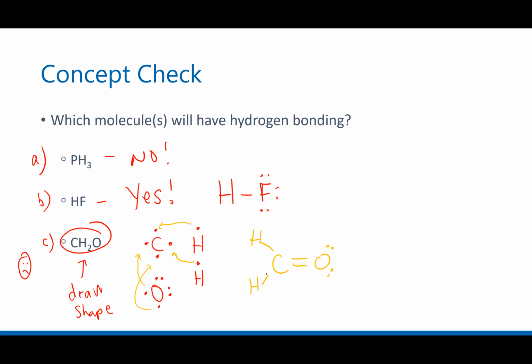I'm drawing it like that, guys, because the shape is trigonal planar, but we don't need to worry about shapes today. Shapes have nothing to do with this. The hydrogen, as somebody said in the chat, maybe Naval or Abdul Halim, is bonded to the carbon, not the oxygen. So no hydrogen bonding.